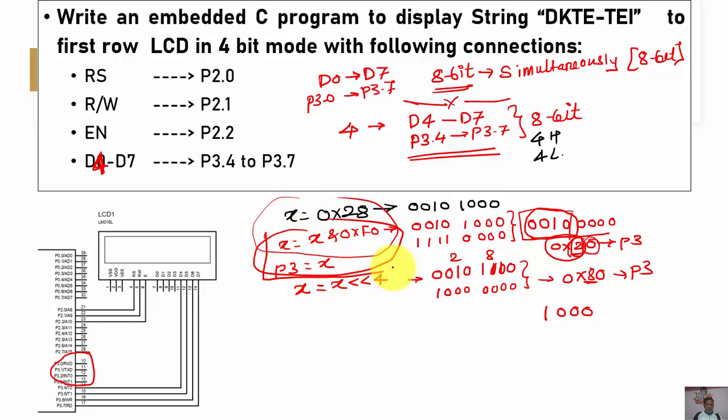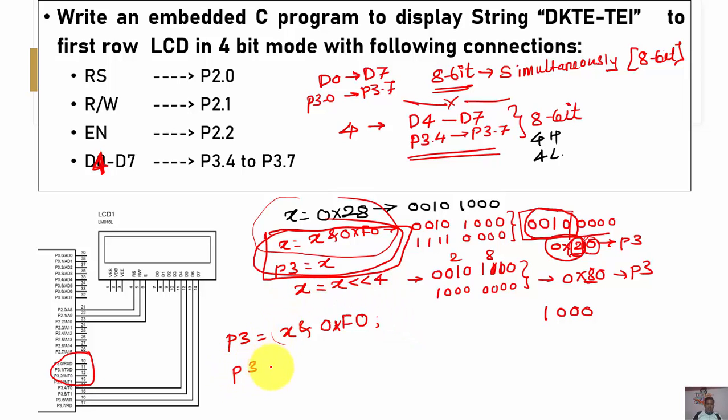The steps I can compress or club together in this way: P3 = x ANDed with 0xf0, right? So what will happen here? As it is an assignment operator, first of all the rightmost part gets evaluated.